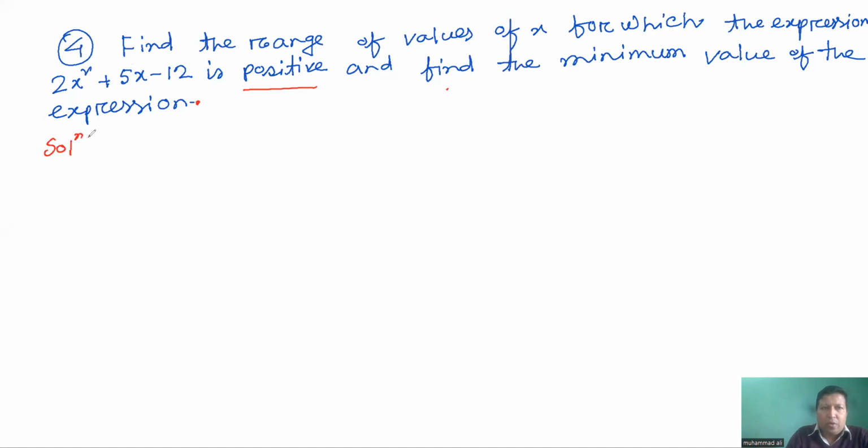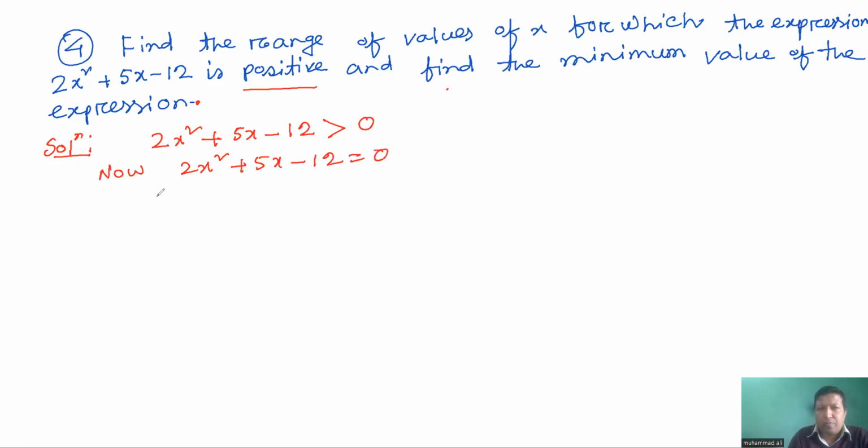Now, when the curve is positive, that means you have to write 2x squared plus 5x minus 12 definitely greater than 0. Greater than 0 means positive. Now, 2x squared plus 5x minus 12, we write here equals 0.